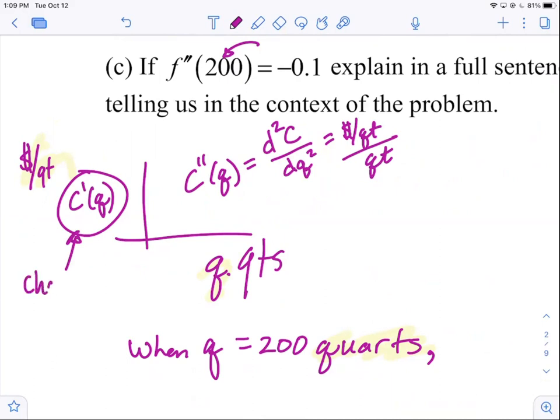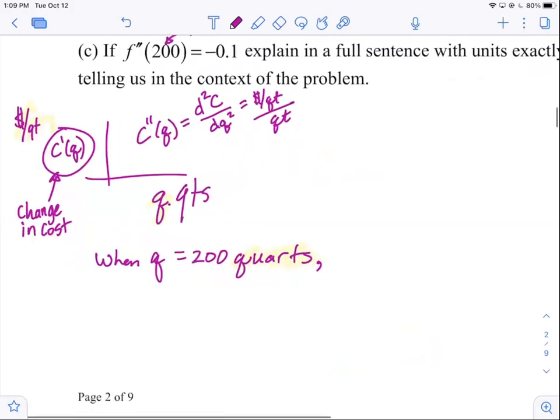No. Can we just call it the change in production cost or the change in cost? We know it's production cost, right? So again, when we talk about motion, the second derivative is going to be acceleration, and we have a real intuitive understanding of what that is. But when we're not talking about motion, the second derivative can be kind of like, huh? But it's the change in cost.